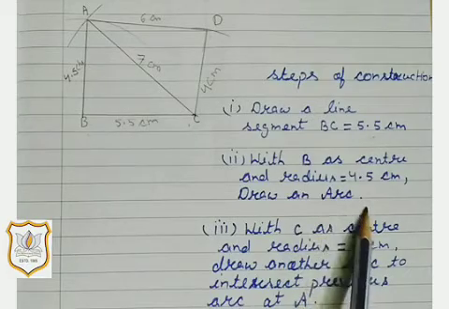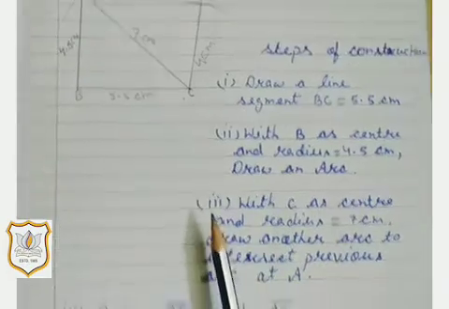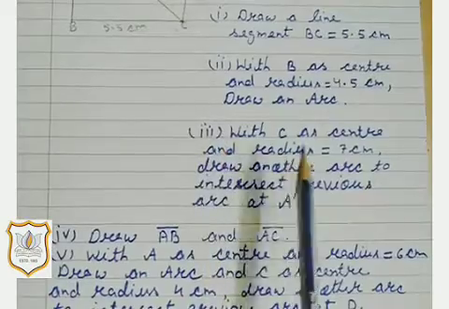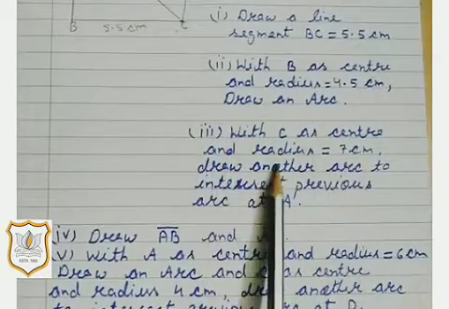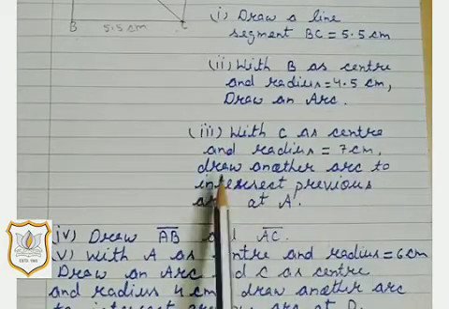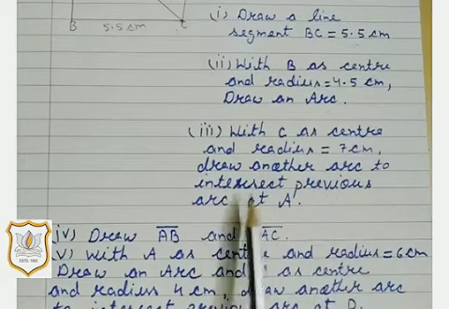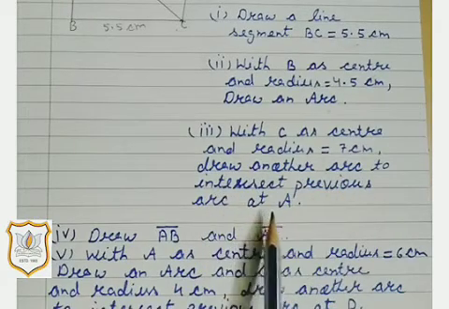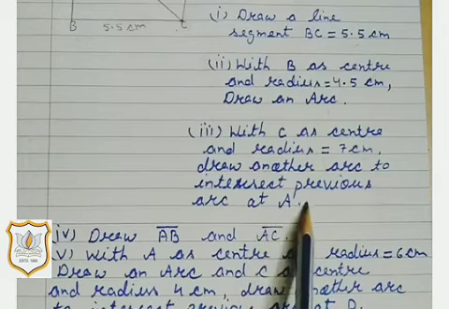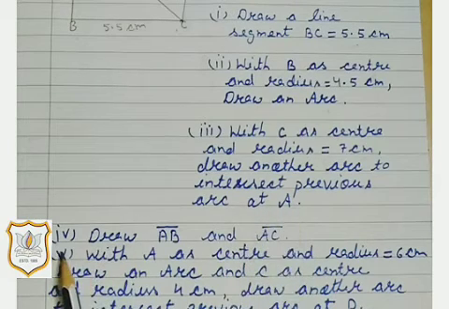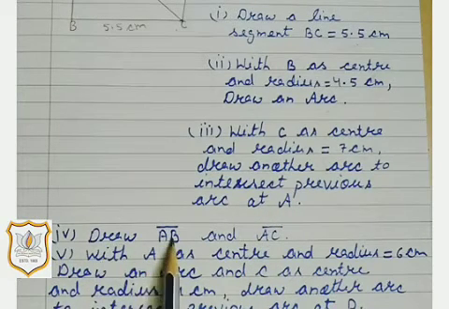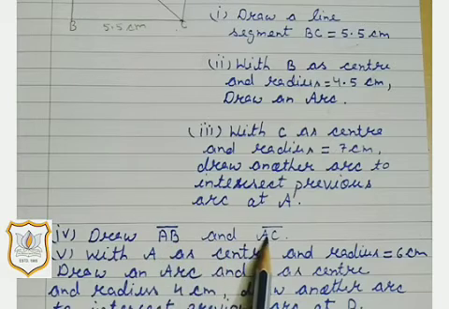Clear? So this is the second step. Third step is with C as center and radius equal to 7 centimeter, draw another arc to intersect the previous arc at A. This is the third step. And the fourth step is draw AB and AC.